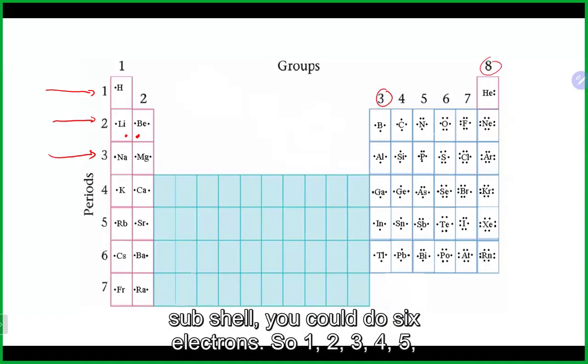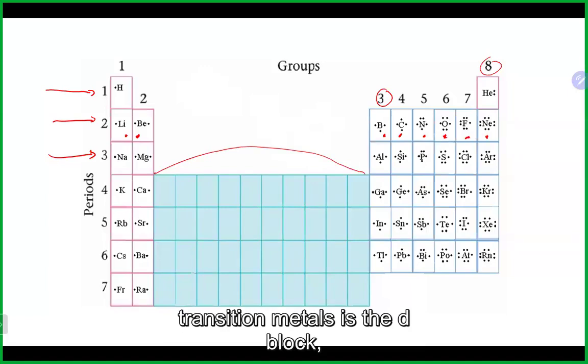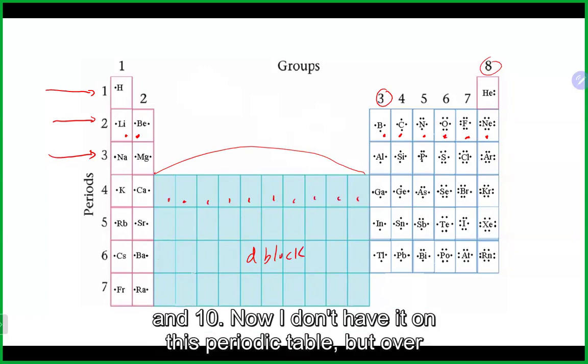And for the P subshell, you could do 6 electrons: 1, 2, 3, 4, 5, and 6. And these are the transition metals here, and the transition metals are the D block. And you could put 10 in there: 1, 2, 3, 4, 5, 6, 7, 8, 9, and 10.